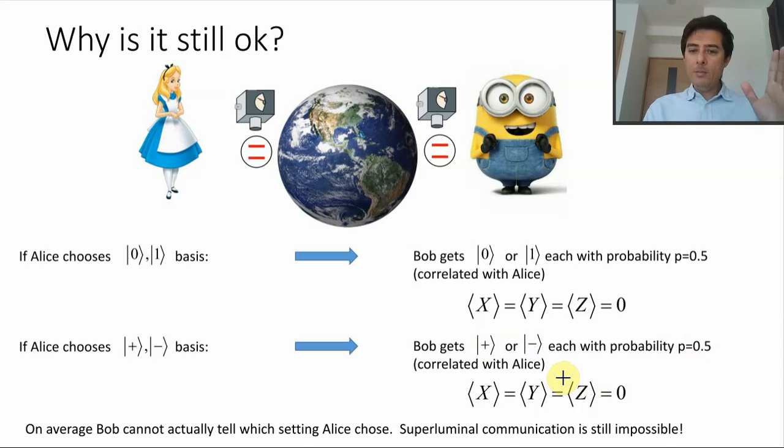And that randomness is what gives these average values to again be equal to 0.